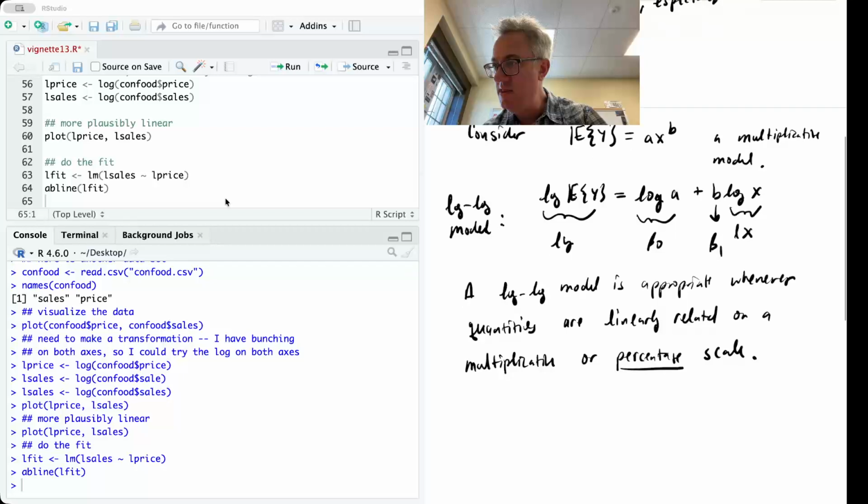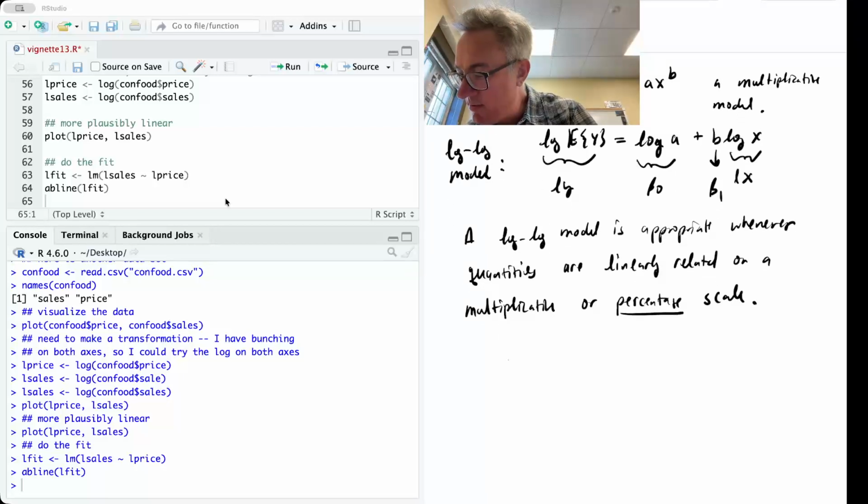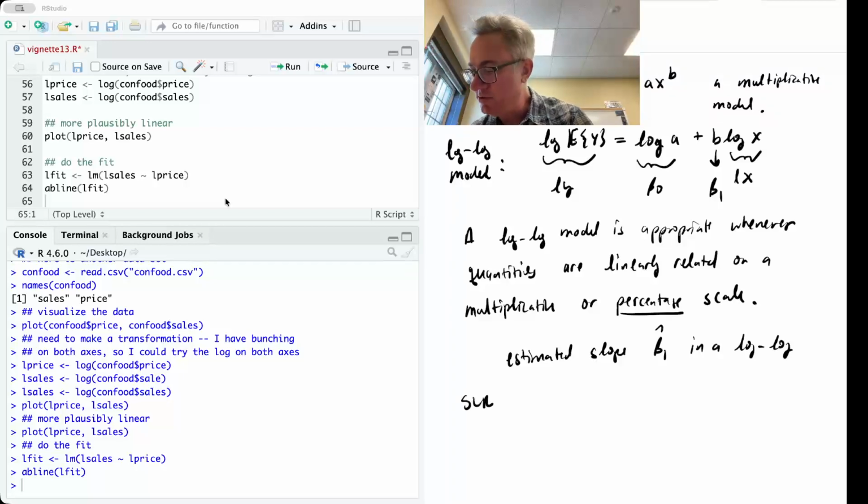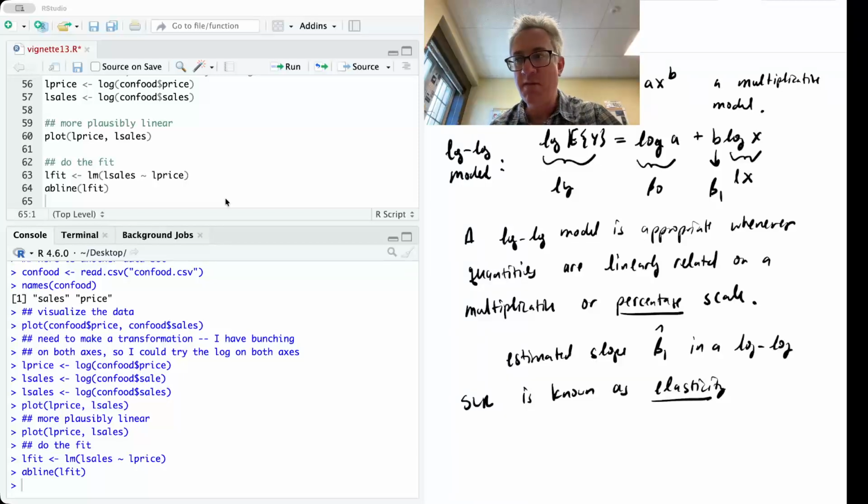And in fact, in that context, an estimated slope, beta 1 hat, in a log SLR has a special name, is known as elasticity, which is an econ term that you can read more about in your econometrics books.